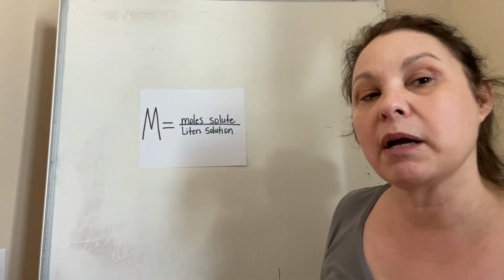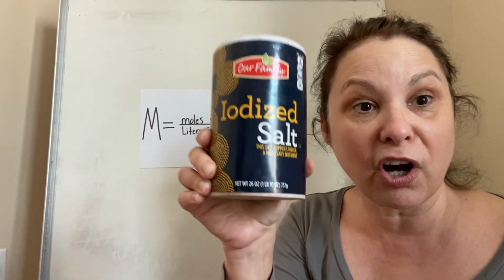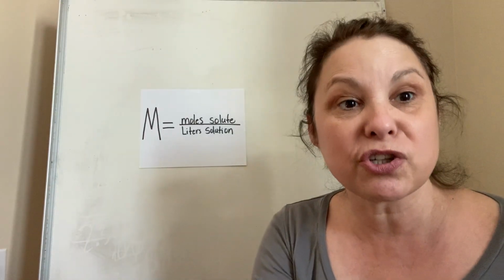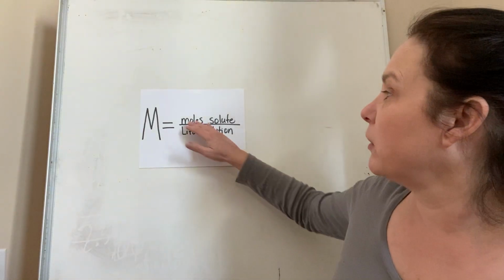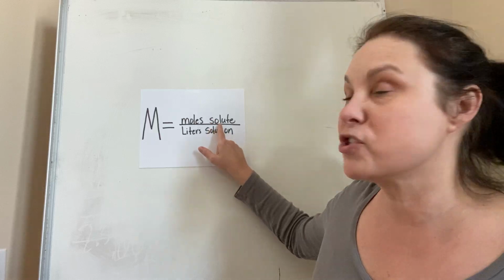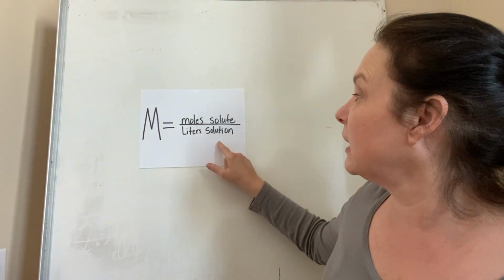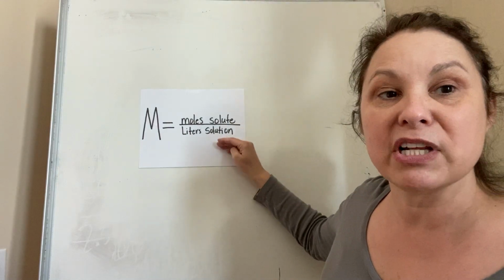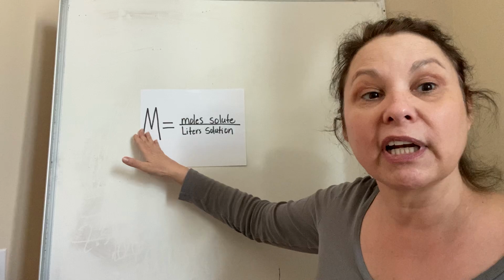Now, how do I get molarity? Well, it has to do with how much of the solute goes into the solution, right? So if we look on the top, it says the solute goes here and the solution here. It's basically how much solute do you have in solution. And the more solute you have, then the higher molarity you're going to get.